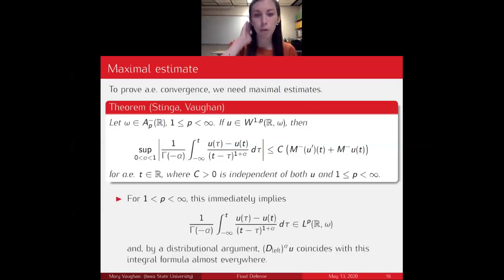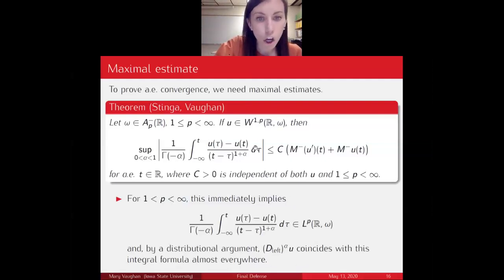And this has a couple really important consequences. So the first one is that when p is between 1 and infinity, by the boundedness of the maximal operator, this formula immediately is a function in weighted LP. And by a distributional argument, we show that this formula coincides with the left fractional derivative.